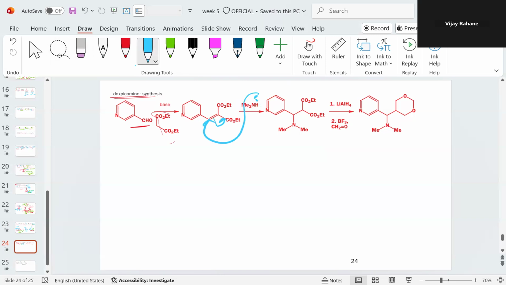It forms a negative charge here. We can get this intermediate, and upon reduction with LiAlH4, the two ester groups get converted into diol groups. So the intermediate will be like this.